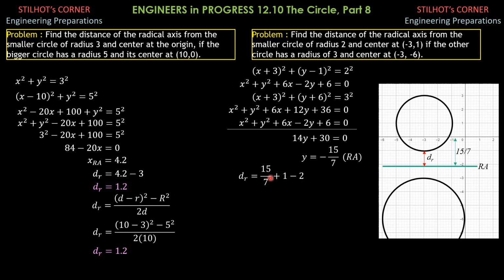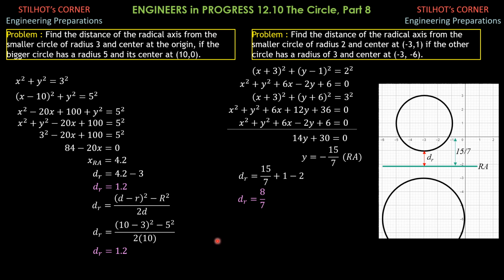Therefore, 15 over 7 minus 1 is 8 over 7. So d sub r is 8 over 7.